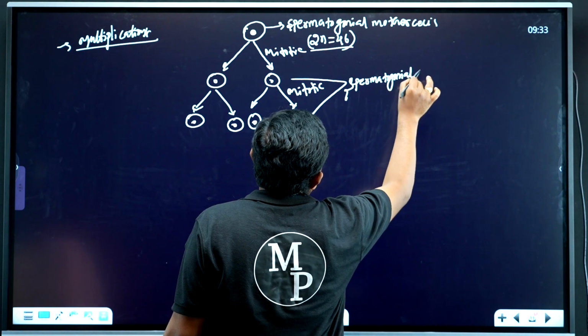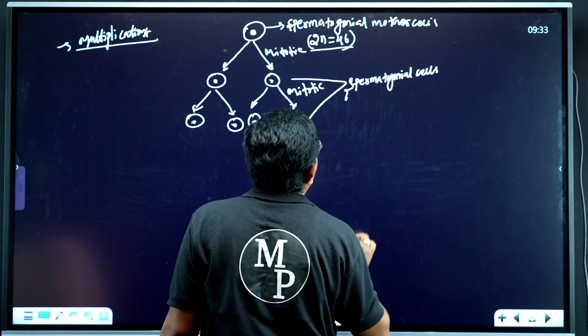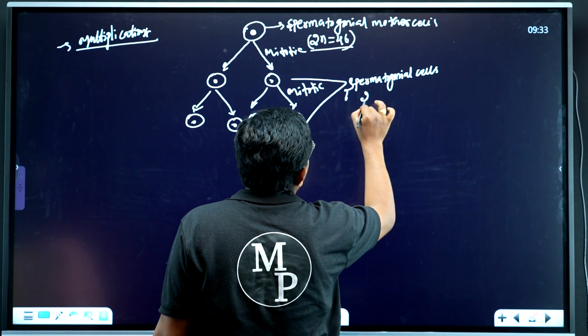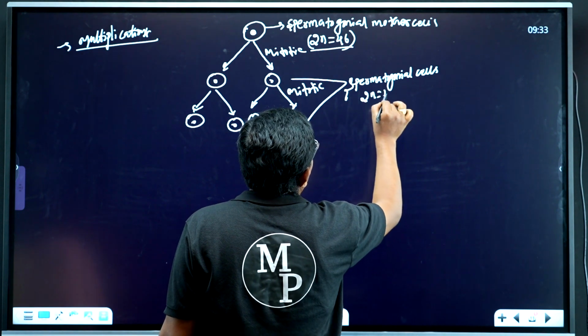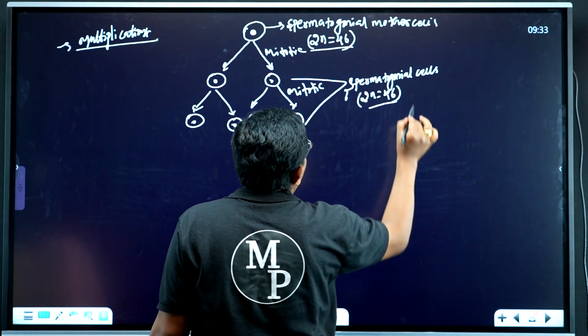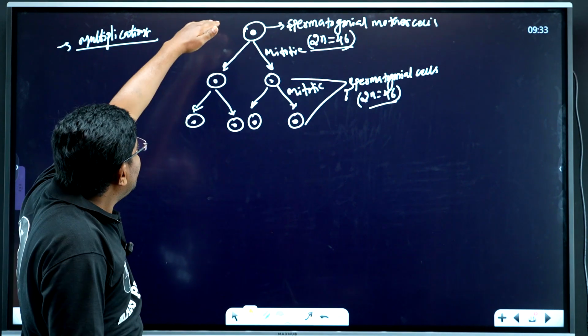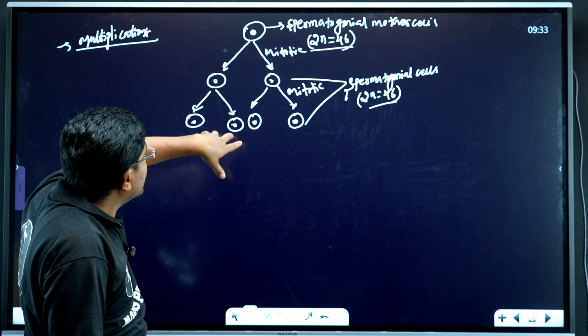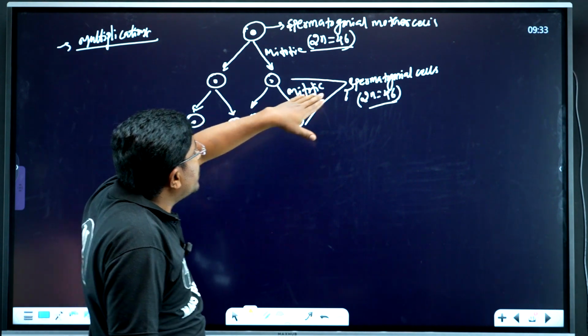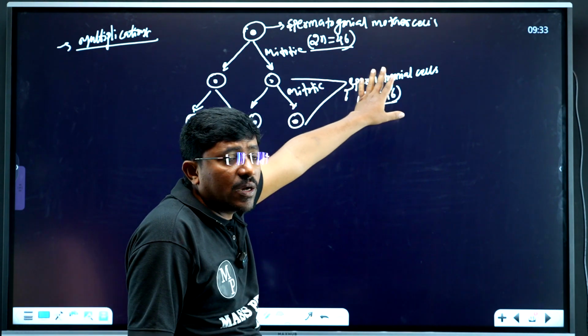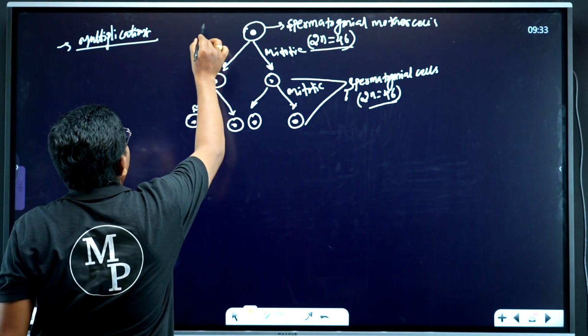These spermatogonial cells are also present in a diploid state, meaning 46 chromosomes are there. By the repeated mitotic division, millions of spermatogonial cells are developed inside the seminiferous tubule.